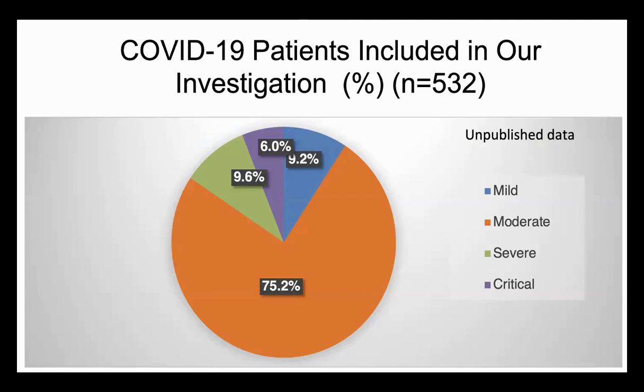The majority of patients were moderate cases, 75.2%, and the rest, including the mild, severe, and critical cases, were 9.2%, 9.6%, and 6%. The severe and the critical cases together were 15.2%.